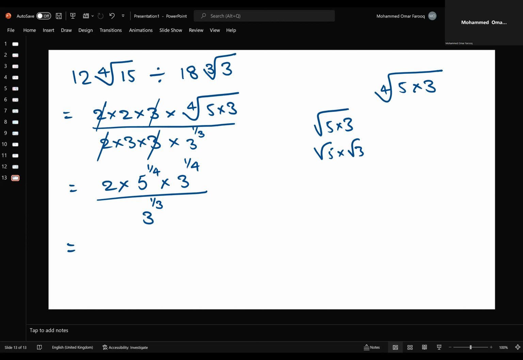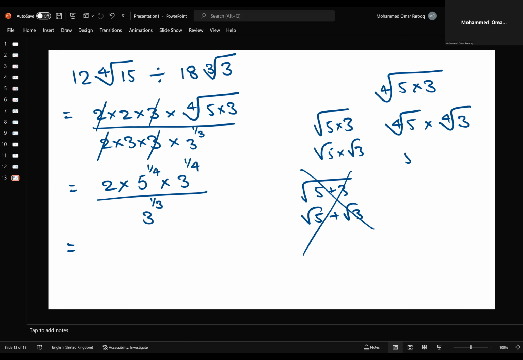If you have the square root of 5 plus 3, you cannot write it as the square root of 5 plus the square root of 3. This is a blunder mistake. In the same way, it will be the fourth root of 5 into the fourth root of 3, so it will be 5 to the power of 1 by 4 into 3 to the power of 1 by 4. Now understood?